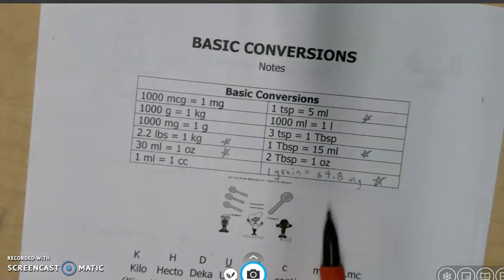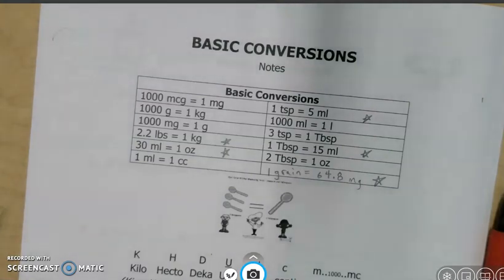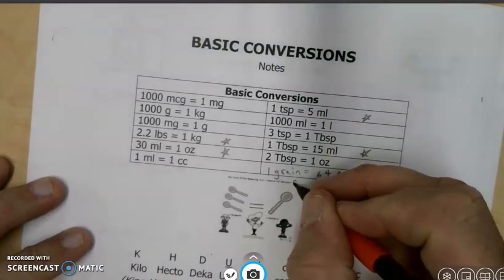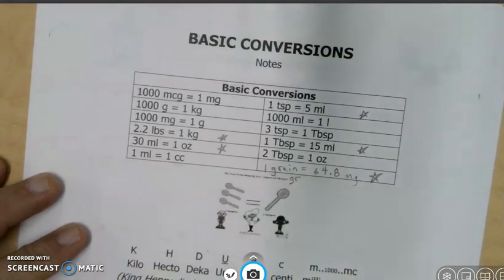This last one is a little bit weird, and you'll really only see it in probably medicine. There's something called apothecary, and an apothecary was someone who made medicines. They still use that term a little bit today, kind of like a pharmacist. And they had something called a grain, which is abbreviated GR.